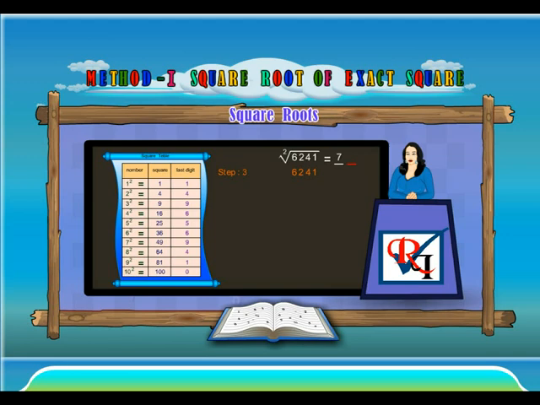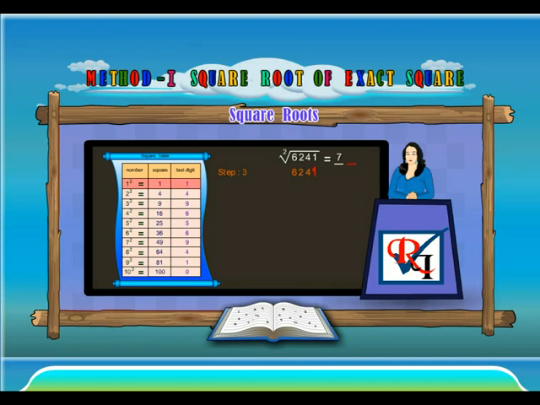Now in step 3, we are going to find the unit place digit in the square root. Look at the first group. This group contains 41. Then we again take help of the table, but this time we simply check the last digit, that is 1, in the square table.